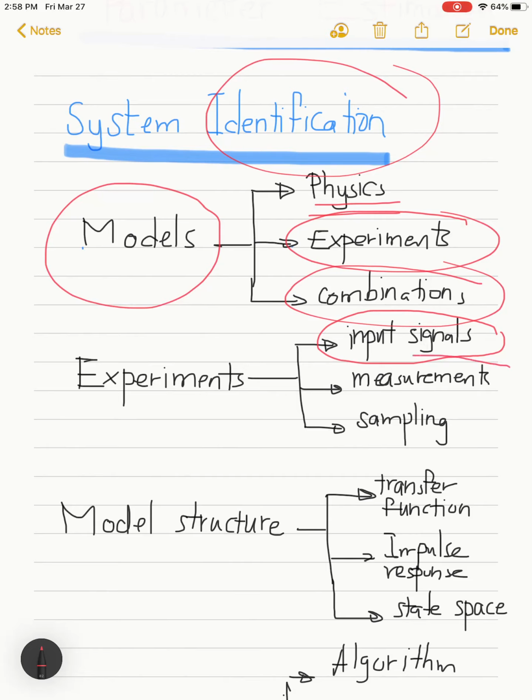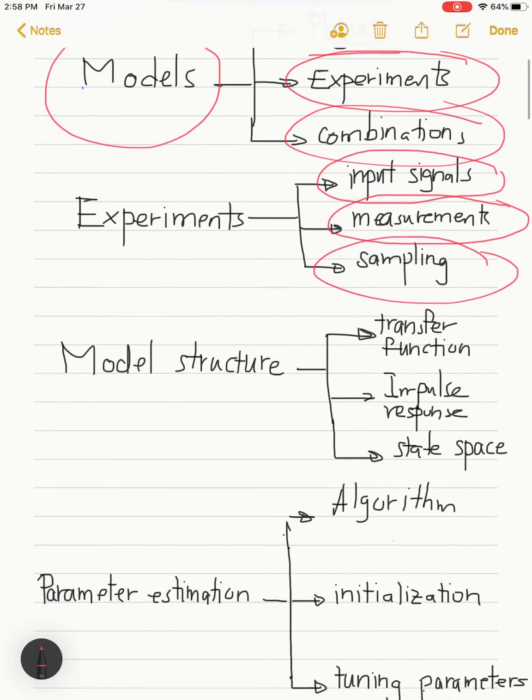We also have to decide the measurements, which signals we are going to measure and how often we are going to measure them, and this is related of course to the sampling interval that we have discussed in the previous piece of the lecture.